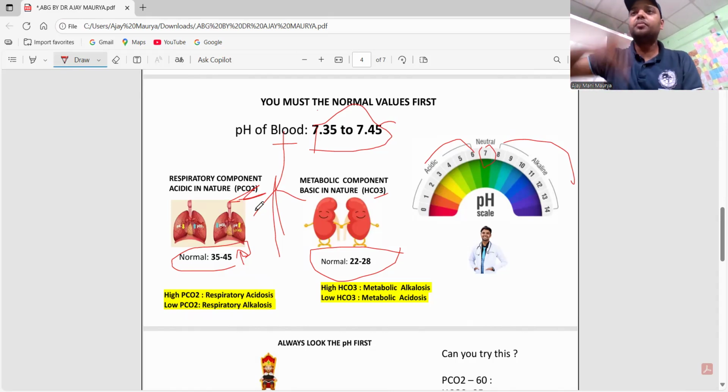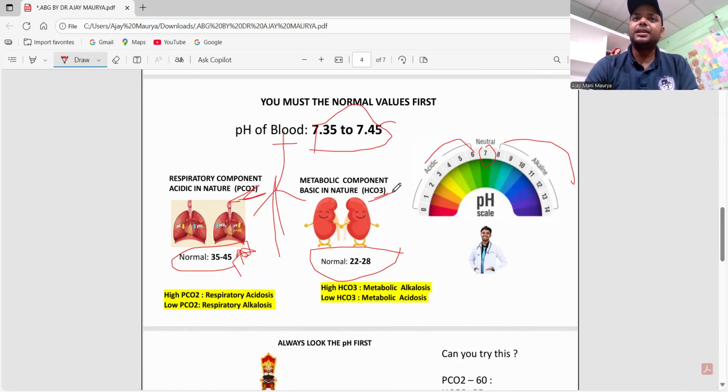If there is more CO2, it means acidosis; it will become more acidic. Less CO2 means it will end up in alkalosis. And here, bicarbonate is basic.